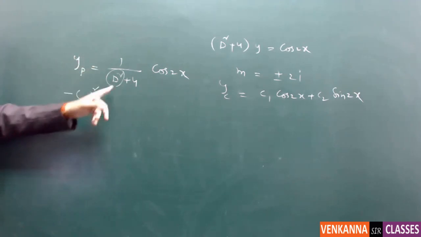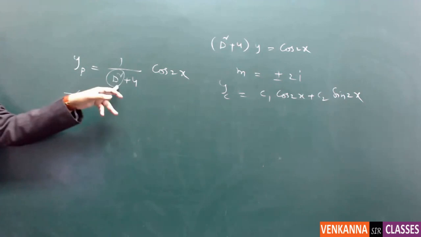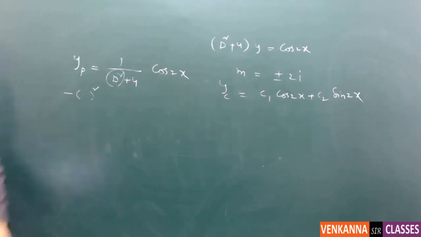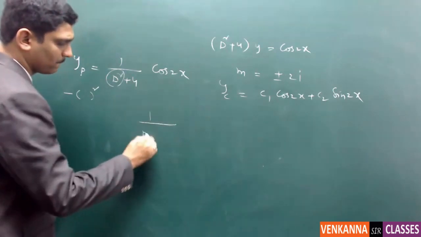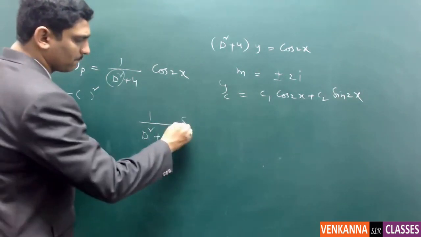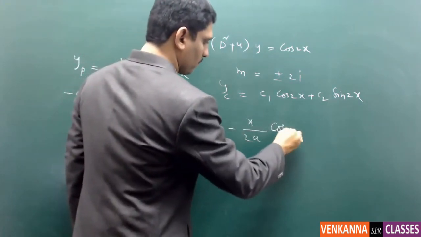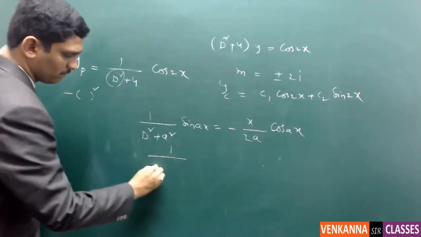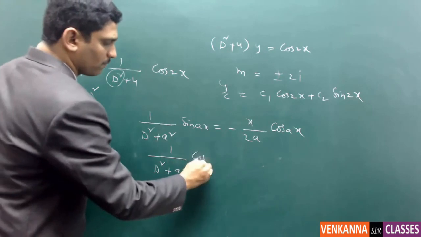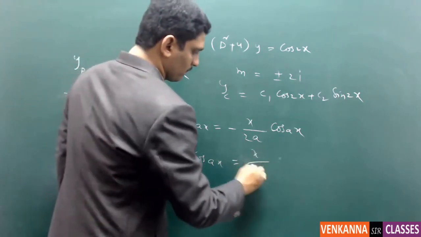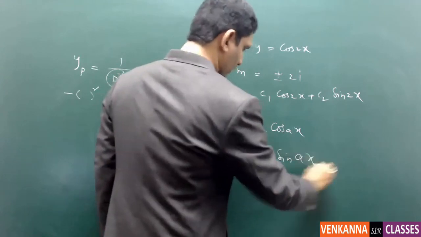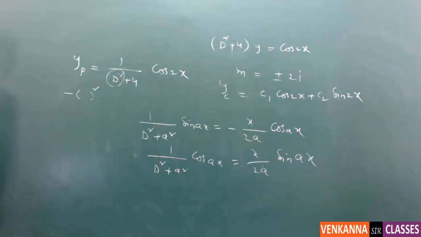So the formula here is, for such type of problems, whenever the denominator gets undefined, so please note down the formula. Okay?